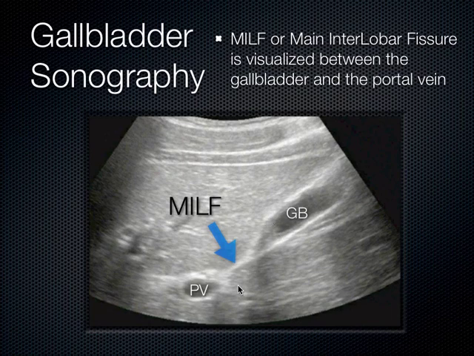About 75% of patients have a very prominent main interlobar fissure that you can see connecting your portal vein up to the neck of the gallbladder. Is that where you're seeing stones? Well, you'll see stones all throughout the gallbladder, sometimes down in the neck, sometimes up in the fundus, in the body. It depends how the patient's been standing or sitting, because the gallstones roll all around.